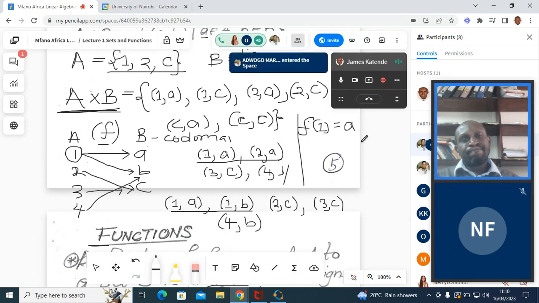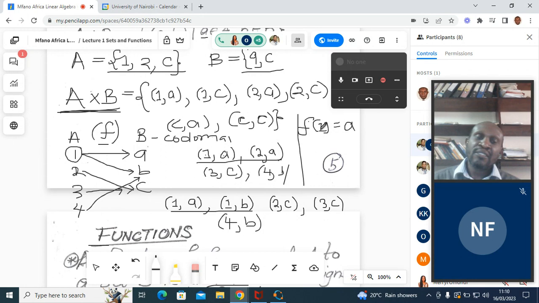The other way you can say this is that the image of 1 under this function is A. So A is taken as the image of 1. I hope that makes sense. How we read this is that f of 1 is equal to A, or 1 is mapped to A under this function.